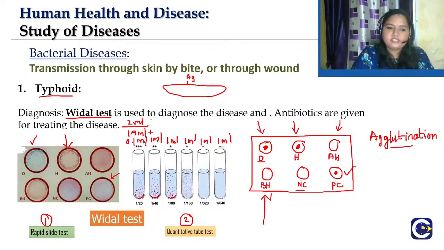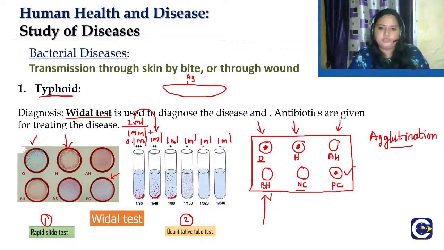Now, what I'm going to do is transfer 1 ml from the first tube to the second tube. Simply, I'm going to dilute the sample. When I transfer 1 ml to the second tube, that makes it up to 2 ml.